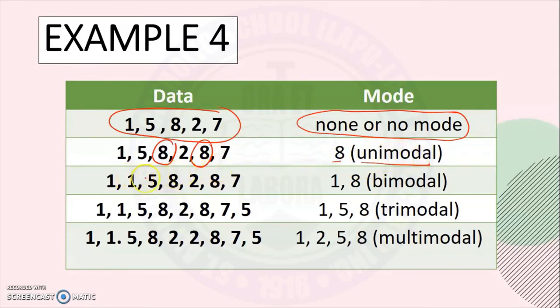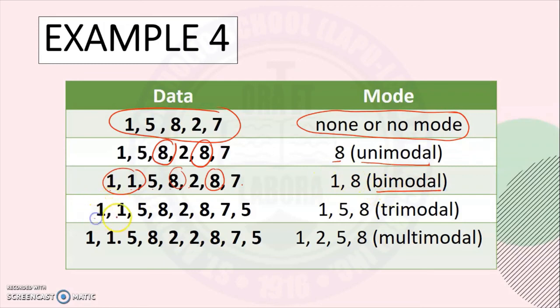Next, we have 1, 1, 5, 8, 2, 8, 7. We have 2 modes here, 1 and 8. It's because they both occur 2 times in the given set of data. So our 2 modes are 1 and 8, and this is bimodal.